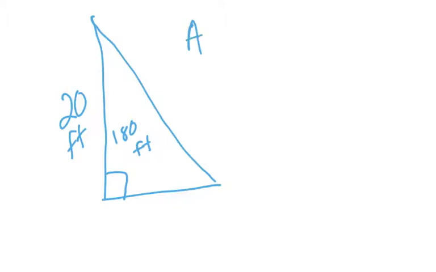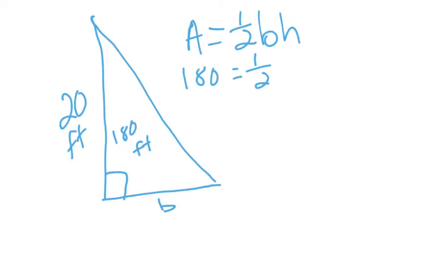So the area is equal to 1/2 base times height. And I don't know the base, but I know the height is 20 feet. Can I figure out the base?